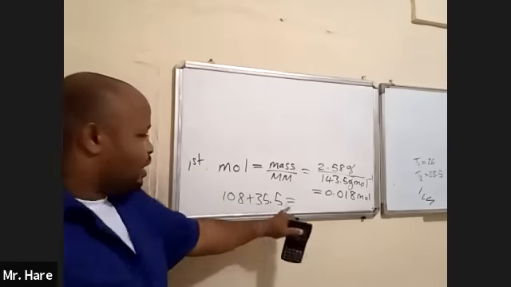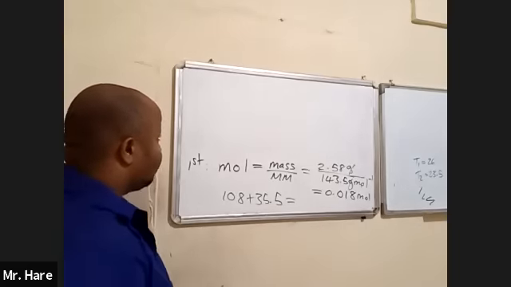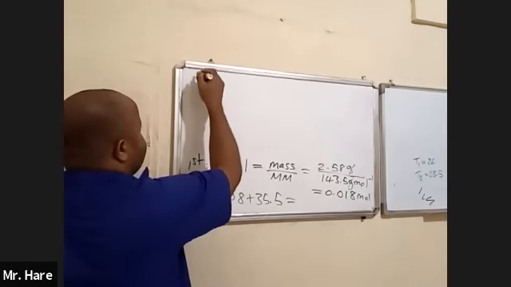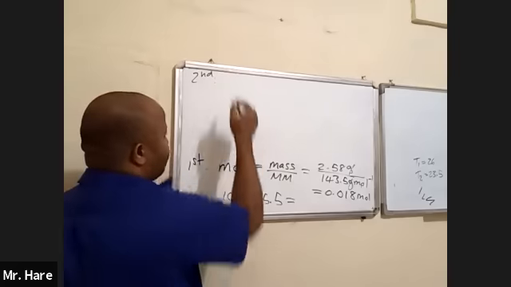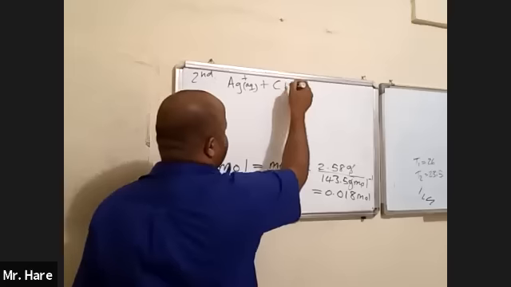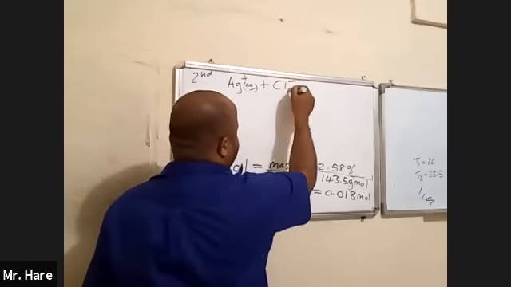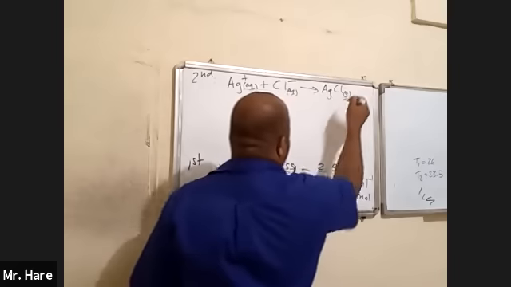So after you get the moles of the precipitate, we are going to write a balanced equation for the precipitation reaction. So the second step, we know that the silver ions would have combined with the chloride ions to form a precipitate of silver chloride.